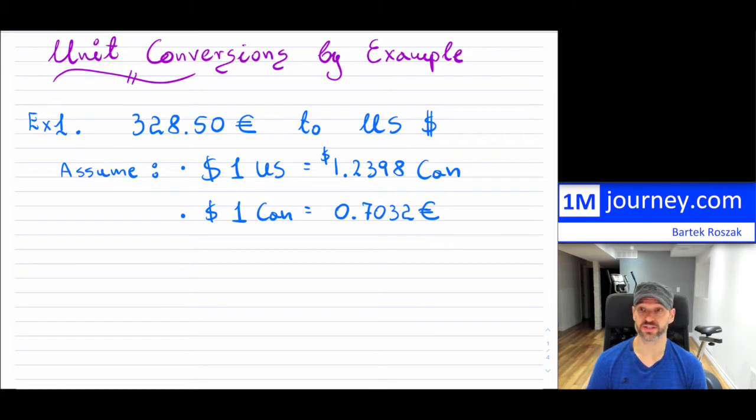Here it's asking us to convert euros to US dollars. But we can convert any currency, right? I mean, now we even have Bitcoin and Ethereum and all of these different digital currencies. So you can convert one to another, and it's just a scaling proportion problem.